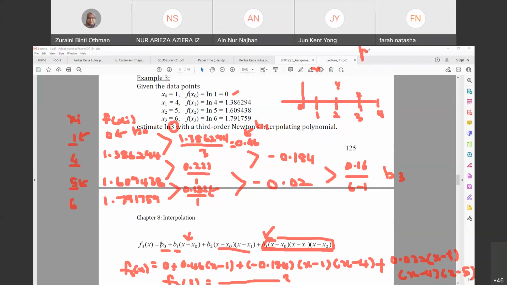So sekarang kita kena cari F3. Okey, untuk cari F3 tu kita nak cari pada pembezaan peringkat ketiga, but for this kind of data kita tak akan dapat sehingga third derivative because we don't have the equation. Tapi kita ada data. Jadi daripada data ni you can build this kind of pyramid punya value to get until B3.